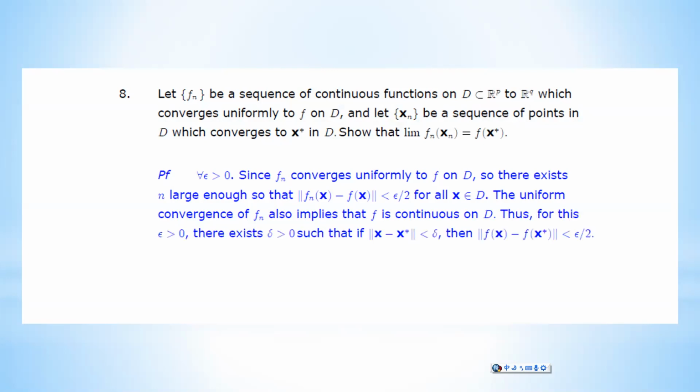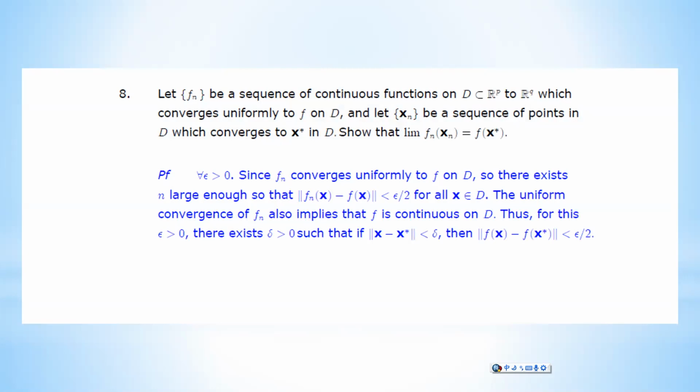Again, given epsilon greater than 0, since f is continuous, there is a delta such that when |x minus x star| is less than delta, that means when x is within delta distance of x star, then |f(x) minus f(x star)| will also be less than epsilon divided by 2.